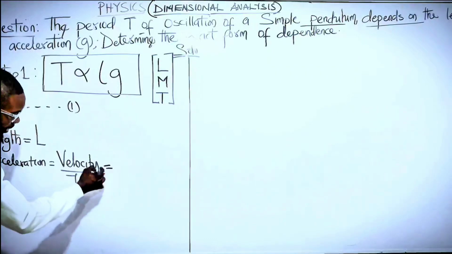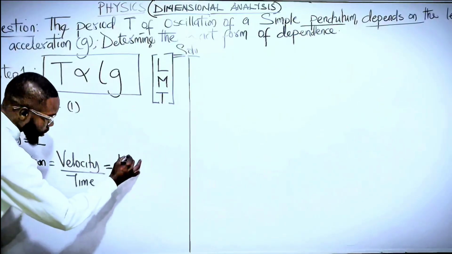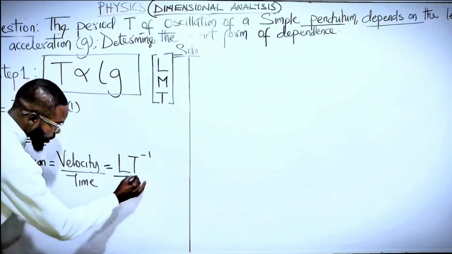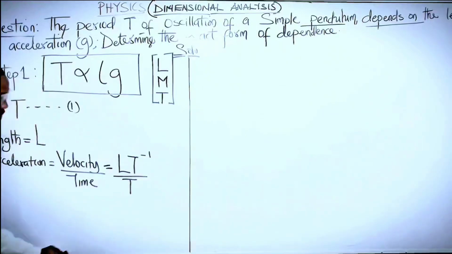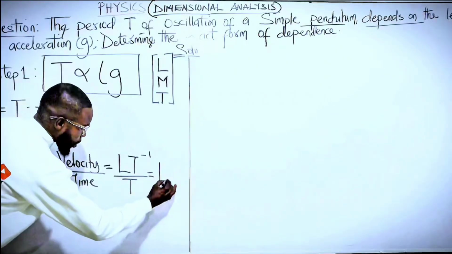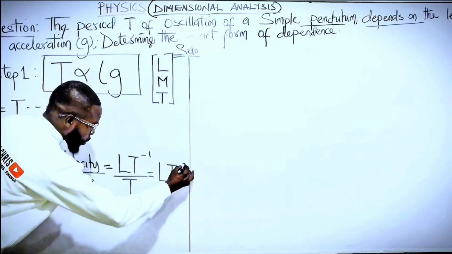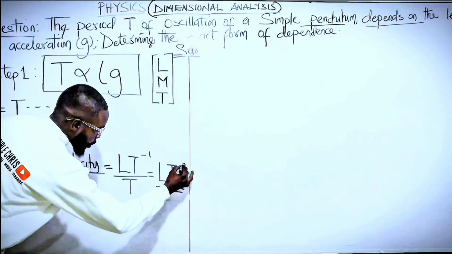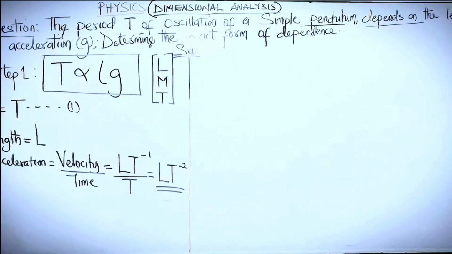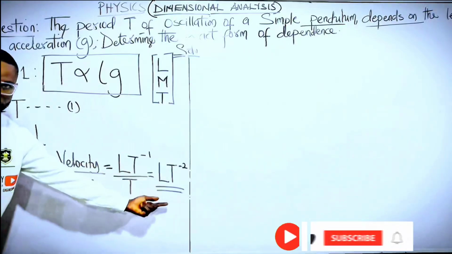Velocity naturally was LT raised to the power minus 1, over the time T, and if we get that correct, it is LT raised to the power of minus 2. That's the dimension for acceleration. So first of all, we get all the parameters. We have period in terms of time, T, our length in terms of L, and acceleration as this, right?